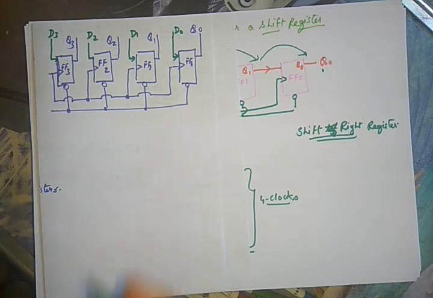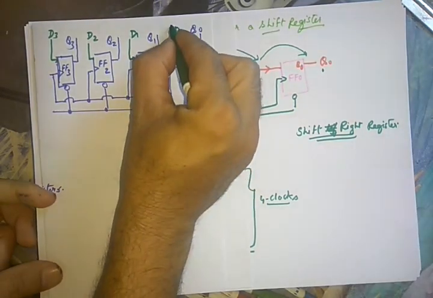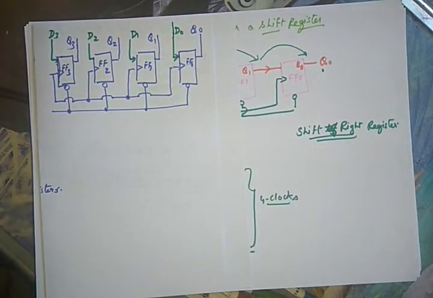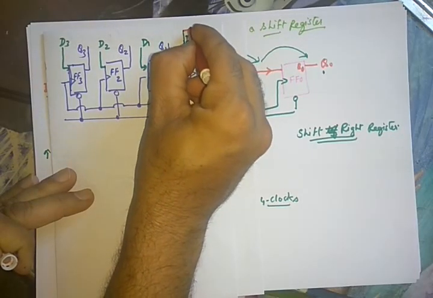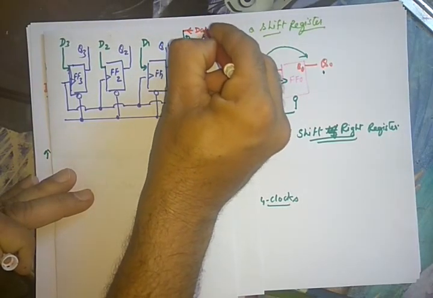Then first data is to be entered from this pin. हमें इस पिन से डाटा एंटर करवाना है, so this pin will behave as a data in pin.